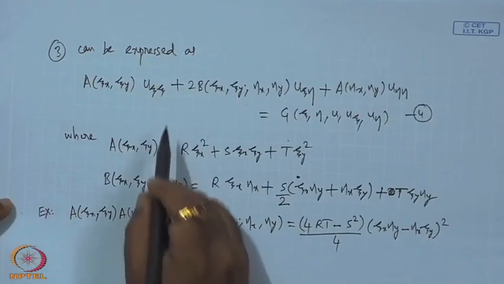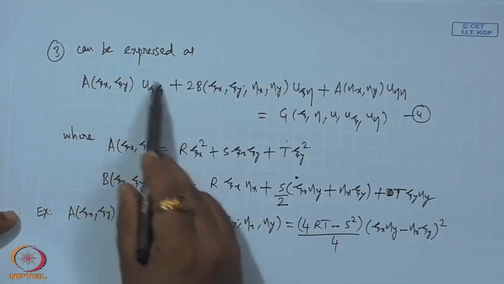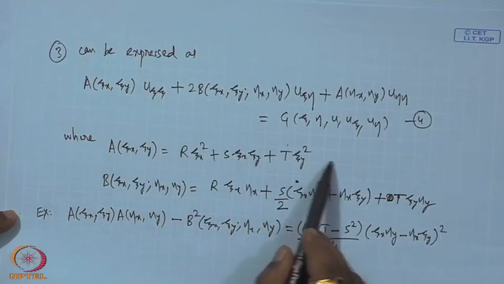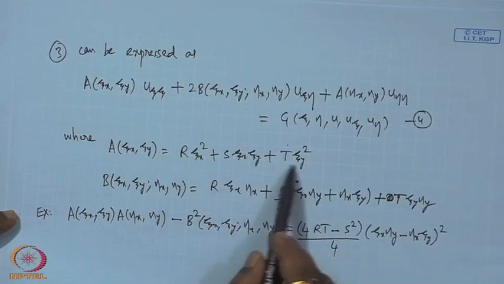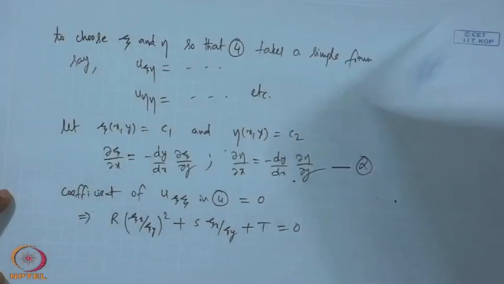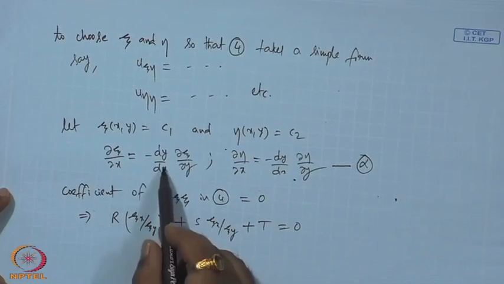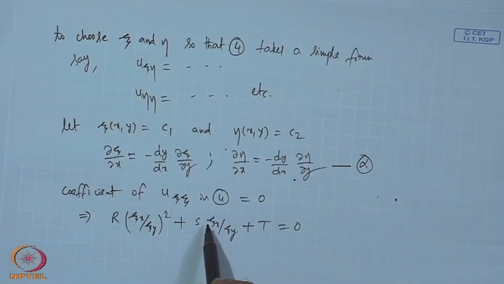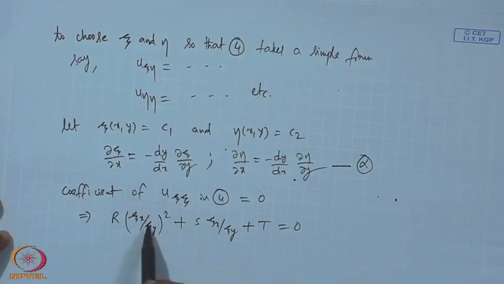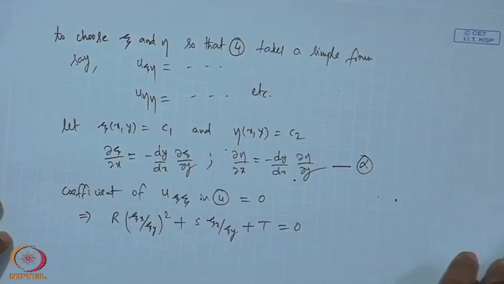Please follow. The coefficient of this I am equating with 0, so I have normalized by zeta y, and then from this we have the ratio, which is minus dy by dx.